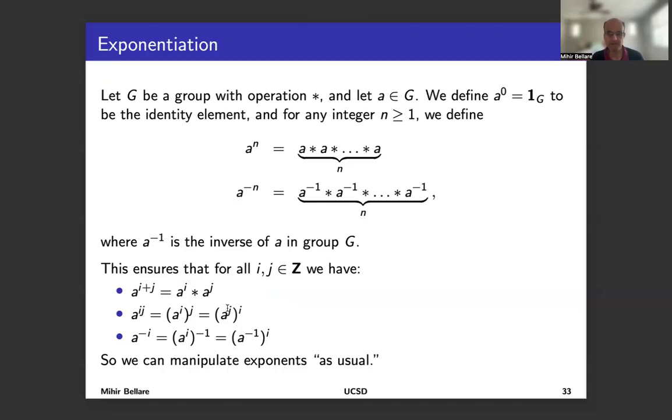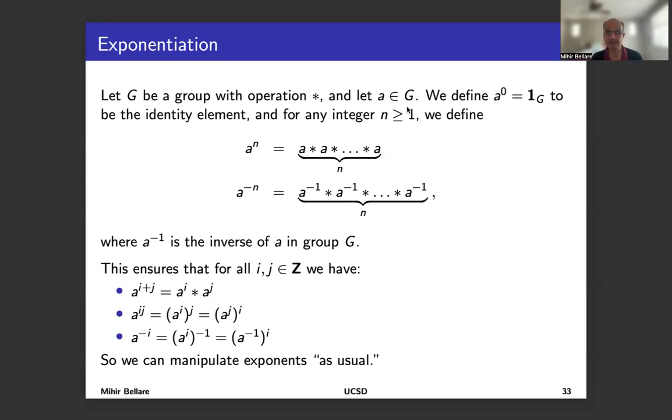We've looked at some simple operations on numbers, but when we get to cryptography, the most important is raising group elements to powers. So we're going to study that a little. This is the exponentiation operation. We'll define it abstractly. Here I have an abstract group with an abstract operation called star, and I have a group element a.